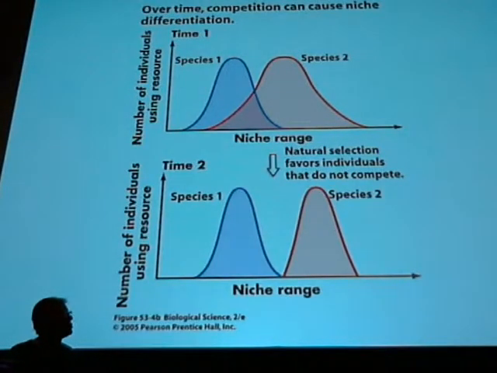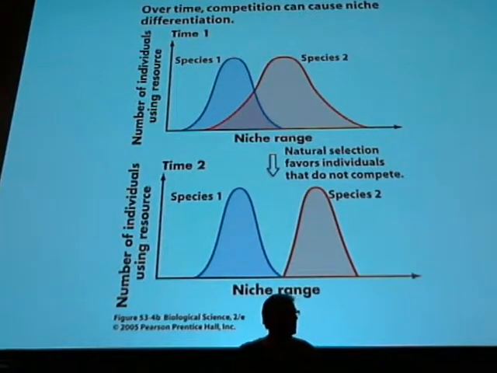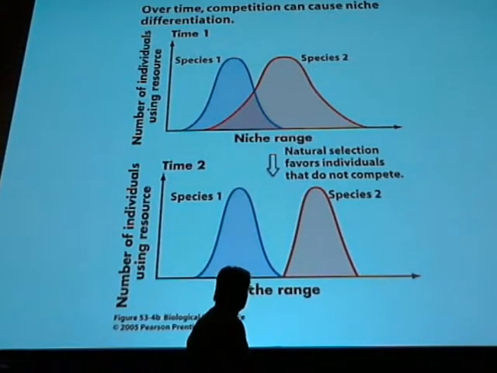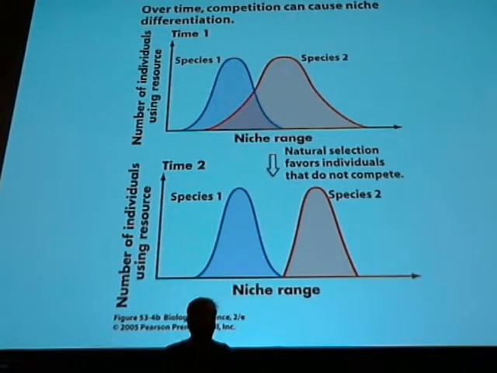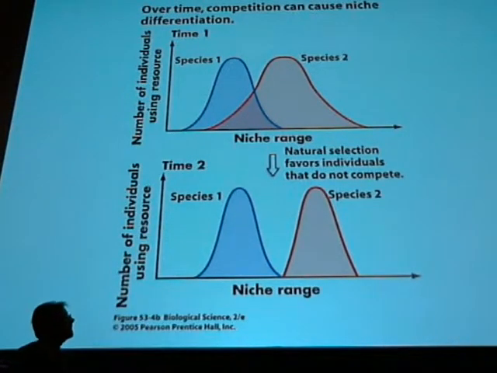Species 2 has now become constrained to that portion of its niche that wasn't occupied by species 1. Species 1 is clearly the dominant competitor here. Its distribution really hasn't changed much from time 1, but the distribution of species 2 certainly has. It's narrowed and moved to that portion that didn't overlap with species 1. Okay?